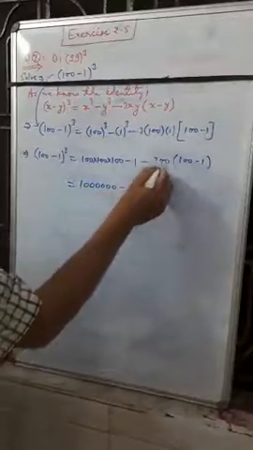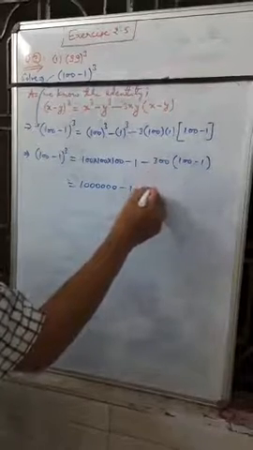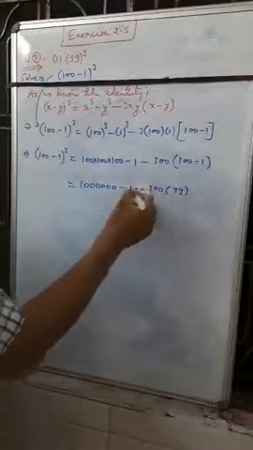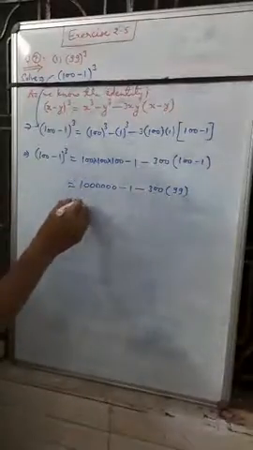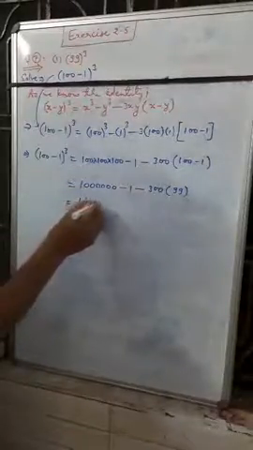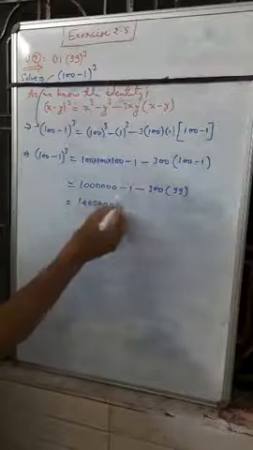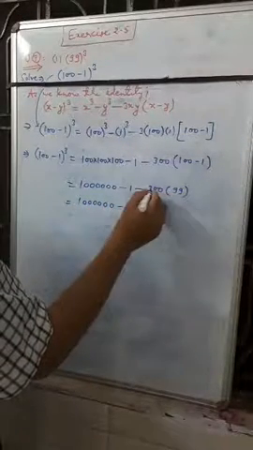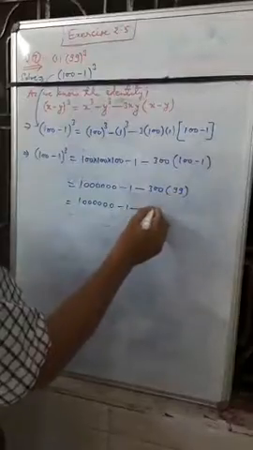Minus 1 minus 300 into (100 - 1), which is 99. So we will solve again: 1,000,000 minus 1, and minus 300 into 99. 3 nines are 27.